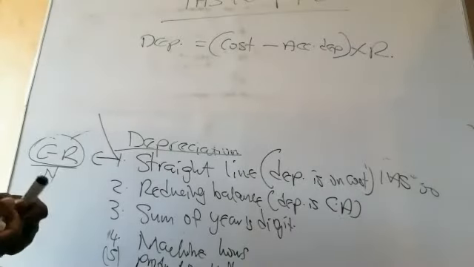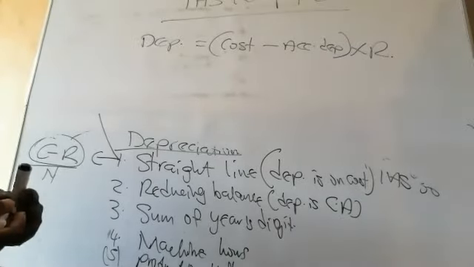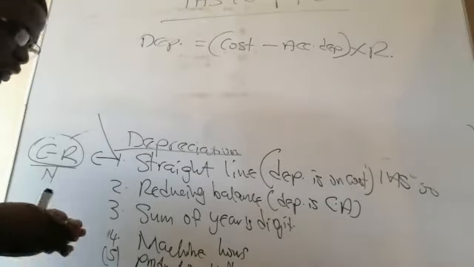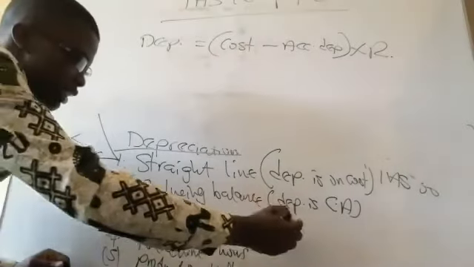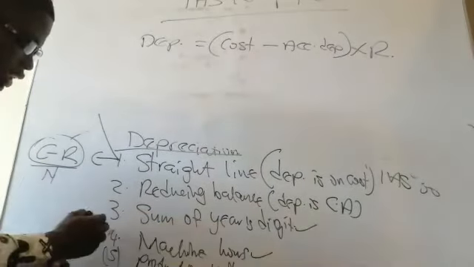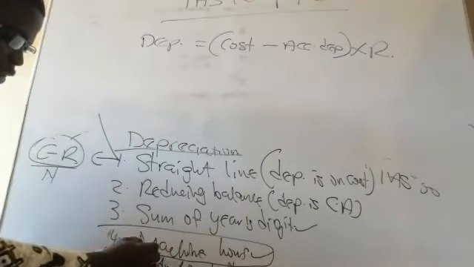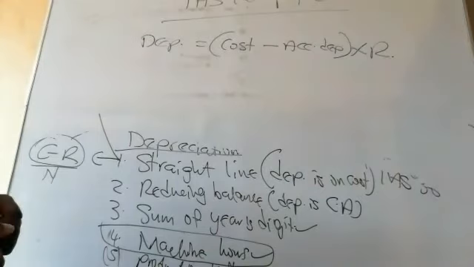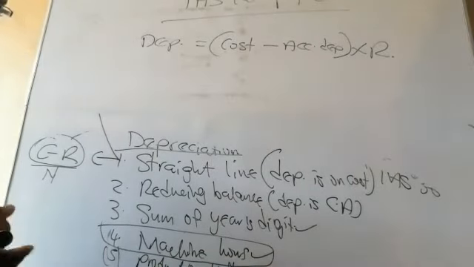So basically, we are done with the calculation of the depreciation. Now let's go to the treatment. For machine hours here, the asset life is translated into what? Into hours, operating hours. And then the production unit does the same thing.